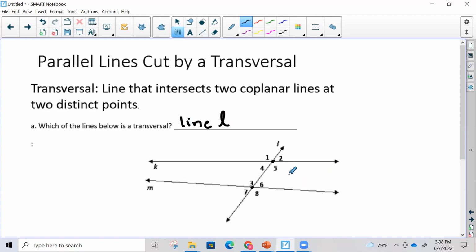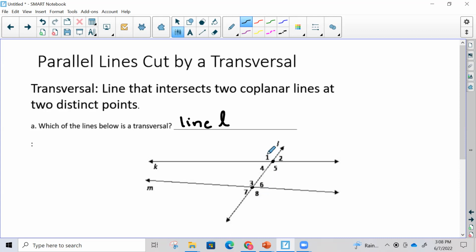When that happens, it creates different angle pairs. When we do these angle pairs, we're comparing the top four angles here with these bottom four angles here and looking at the relationship between those angles. We have done a few angle pairs.